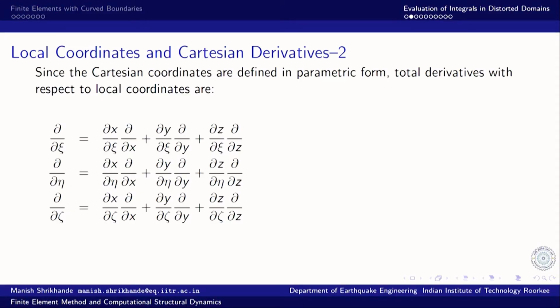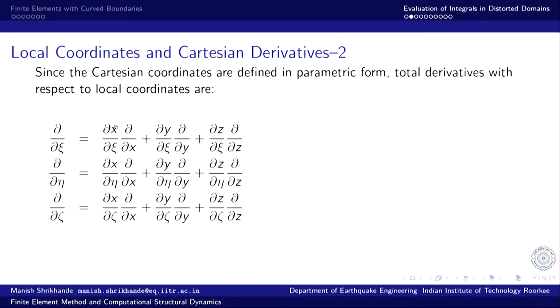So, total derivative can be defined in terms of respective derivatives with respect to other coordinate directions. And similarly, we can define total derivative with respect to del over del eta and del over del zeta in terms of derivatives of x, y and z with respect to xi, eta and zeta.